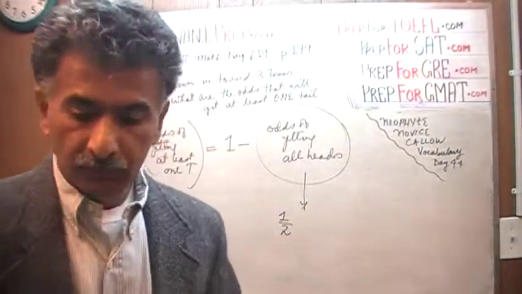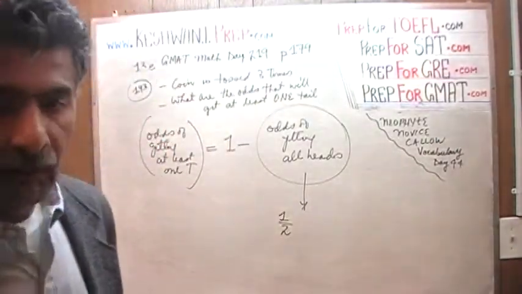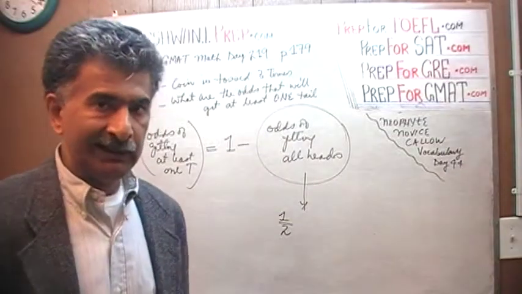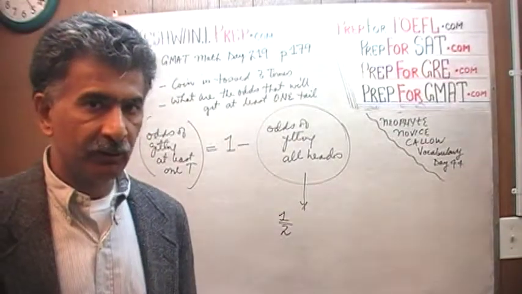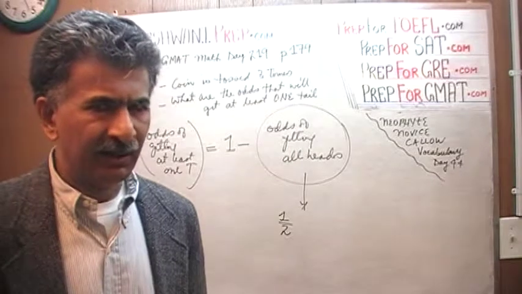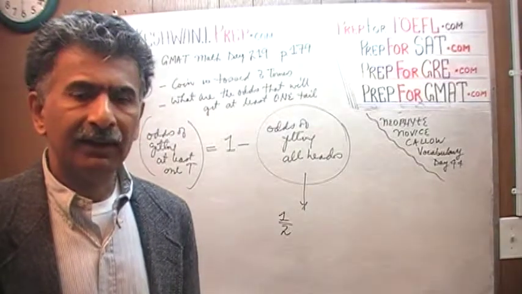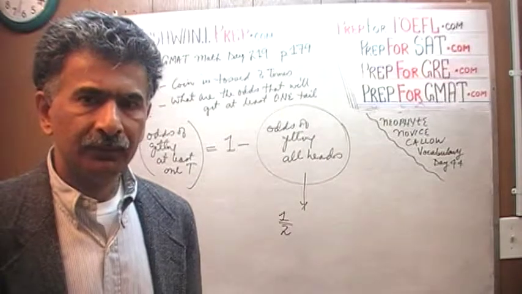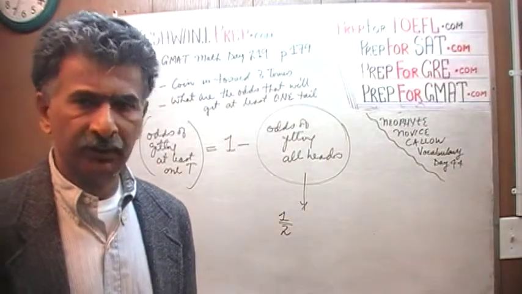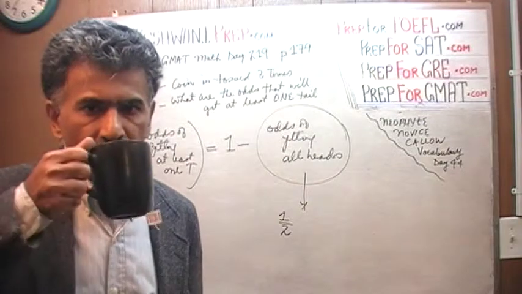What it means is that after you toss the coin the first time and it lands on the head, the coin is not going to whisper to itself, well, I landed on the head last time, let's land on the tail just for the sake of variety. It has no memory.